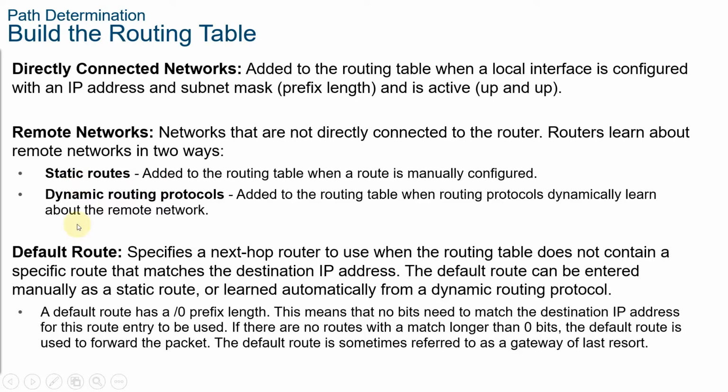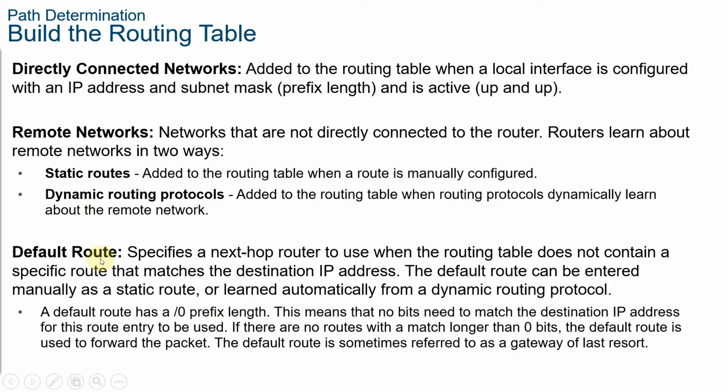Second is dynamic routing protocols, added to the routing table when routing protocols dynamically learn about the remote network. Dynamic routing protocols include Enhanced Interior Gateway Routing Protocol, or EIGRP, Open Shortest Path First, or OSPF, as well as several others.